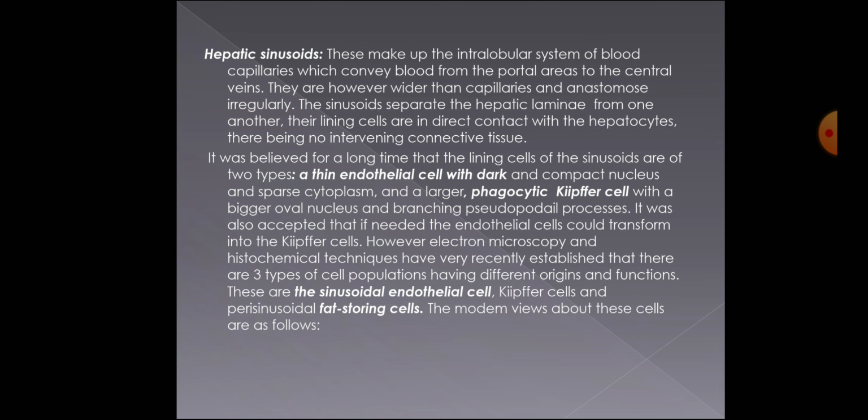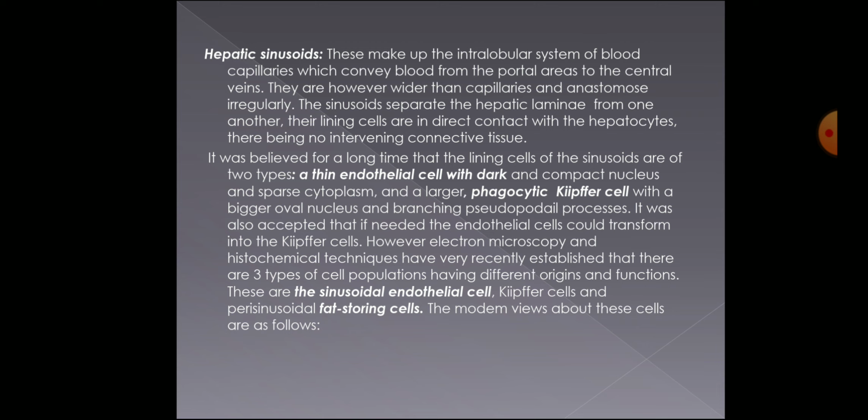It was believed for a long time that the lining cells of sinusoids are of two types: a thin endothelial cell with dark and compact nucleus and sparse cytoplasm, and large phagocytic Kupffer cells with a bigger oval nucleus and branching pseudopodial process.